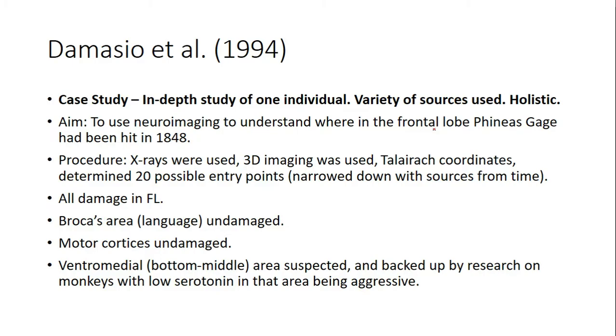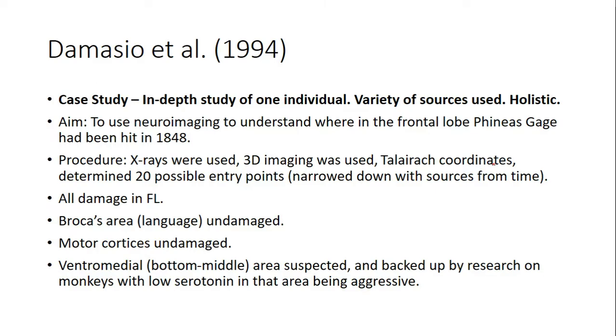So X-rays were used on his skull. His skull was exhumed with the permission of family, I believe, and then the X-rays were used on the skull, and 3D imaging was used, using something called telluric coordinates. Telluric coordinates are basically a way of doing 3D imaging.